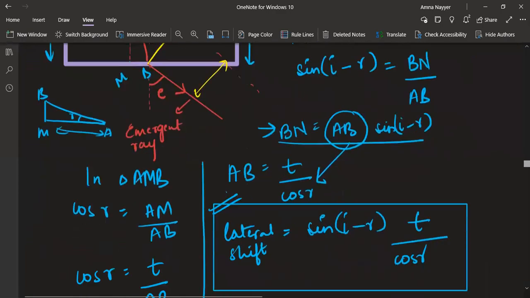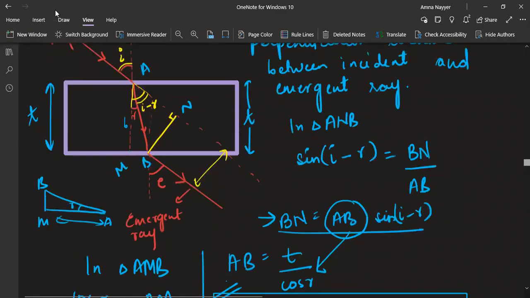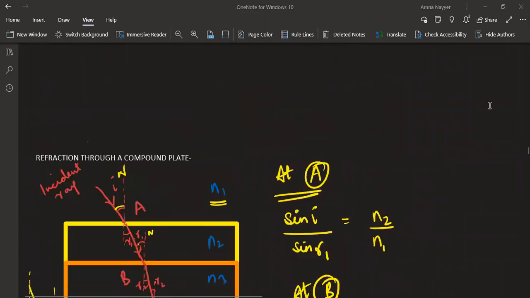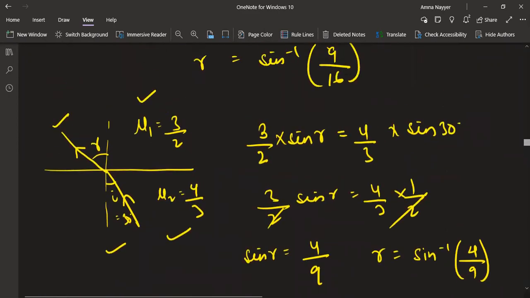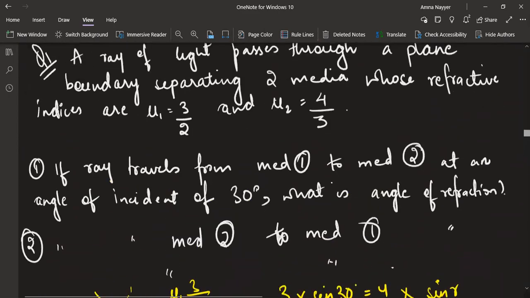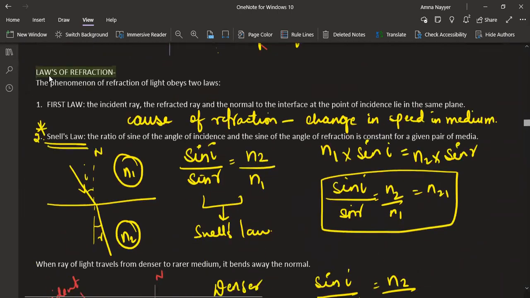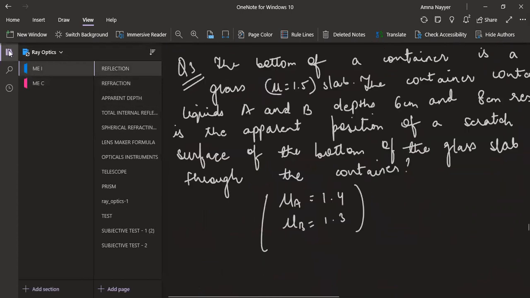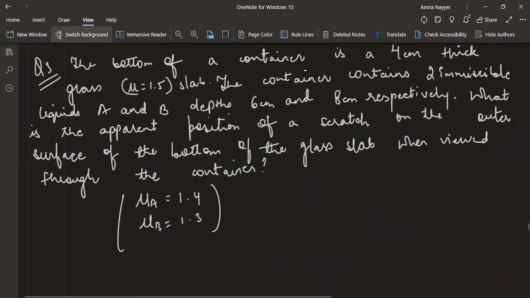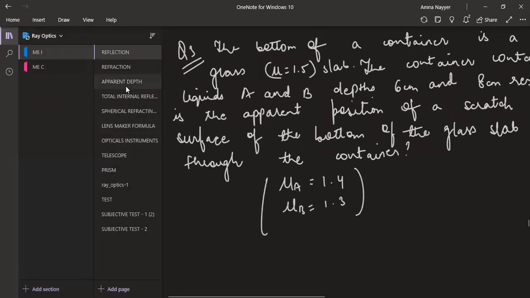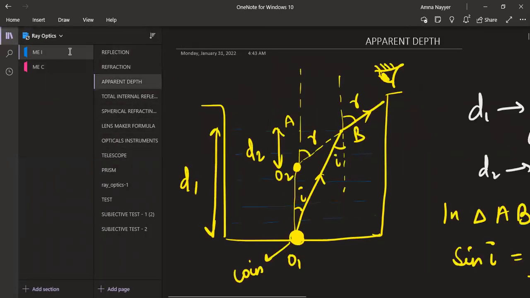Shift, this was a lateral shift. So if you have multiple of it connected, apparent shift we did, no? Apparent depth.